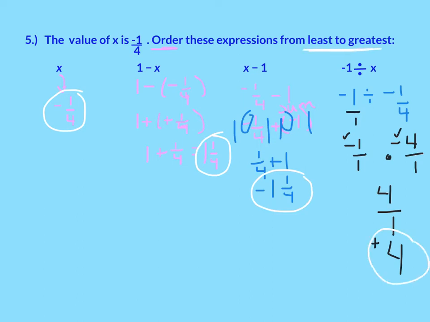And I need to put these in order from the least to the greatest. Well, as far as the least go, I know I've got 2 numbers that are negative. So those are obviously going to be smaller than the positive numbers. When I look at both of those negative numbers, I know the further to the left on my number line, so in other words, if I had a number line, and here was 0, and here was 1, well, I know that my negative 1/4 would probably go somewhere about here.